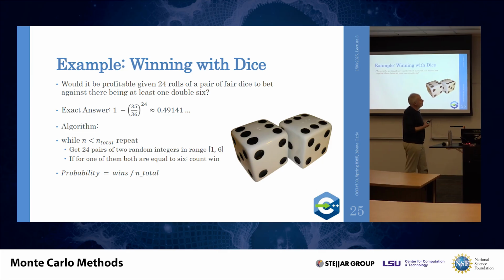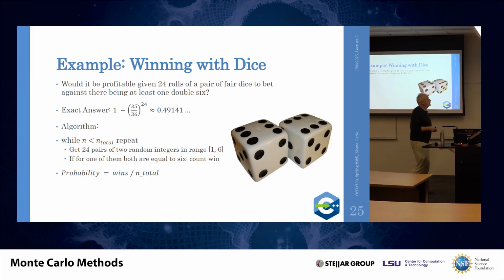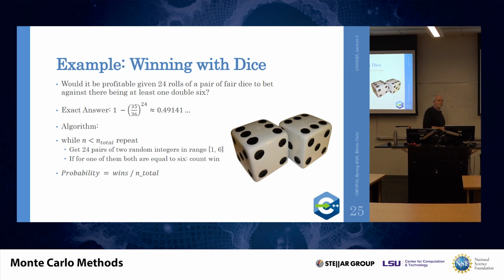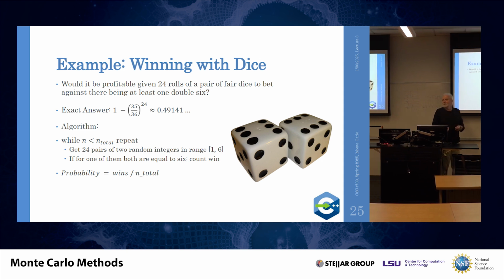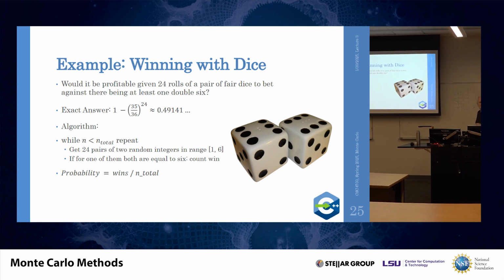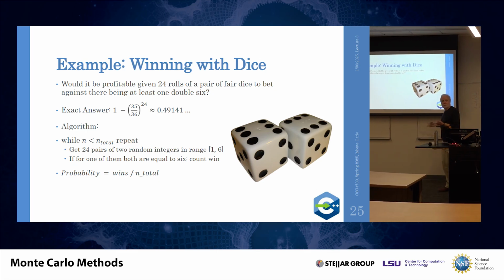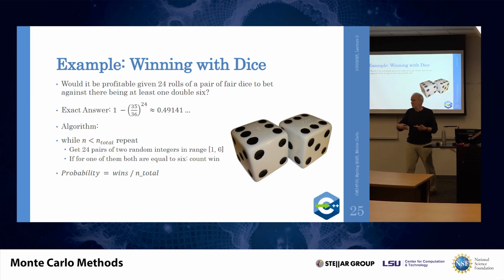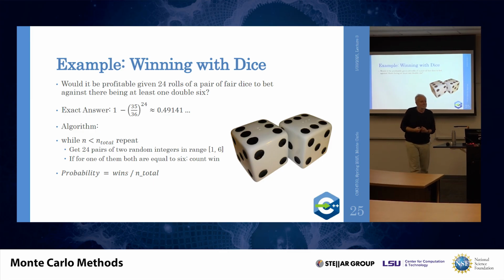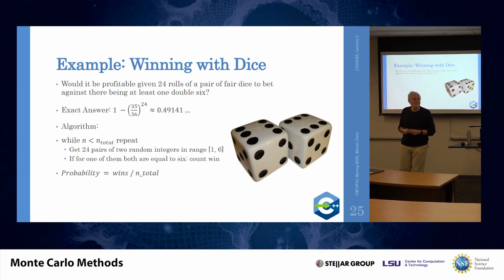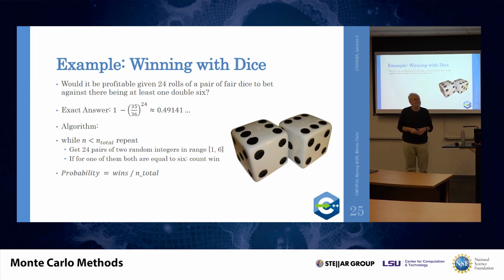So how would it be profitable given 24 rolls of 2 dice to have at least once 2 6s? In other words, how large is the probability of getting 2 6s when I do it 24 times in a row? Anybody? Would you bet against it? Well, I know you're not gambling, but I wouldn't bet against it.